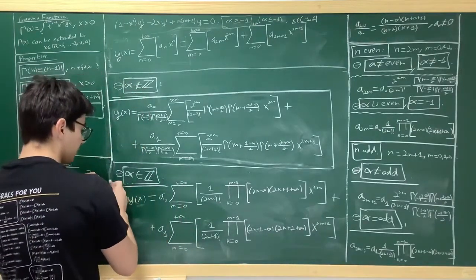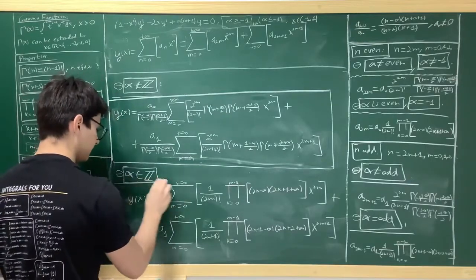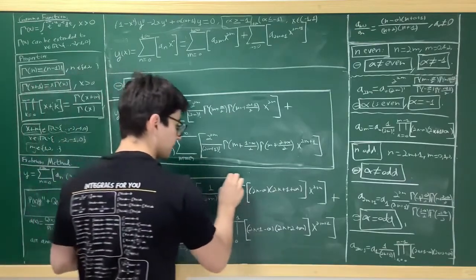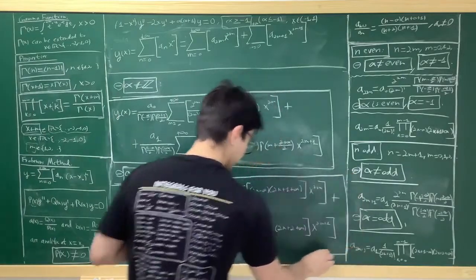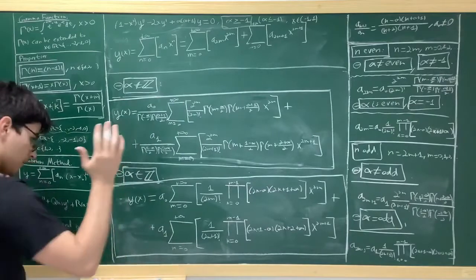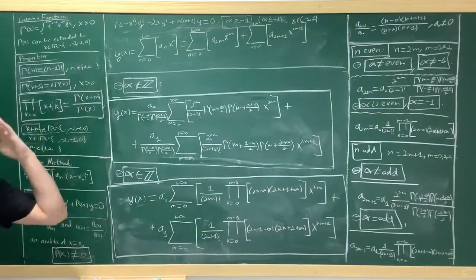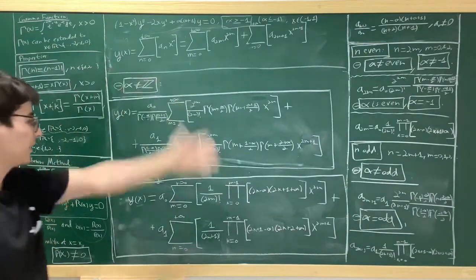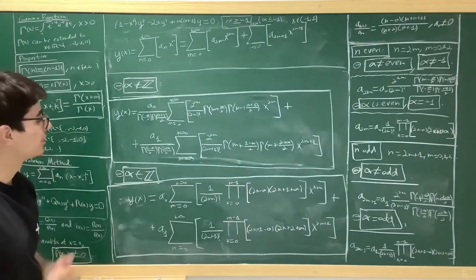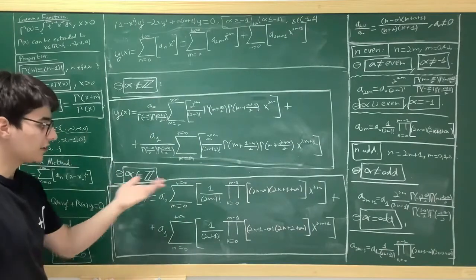So let me just write this. That's it. First solution, alpha is not an integer: we get a bunch of gamma functions. If alpha is an integer, the solution to Legendre's differential equation is really just this.